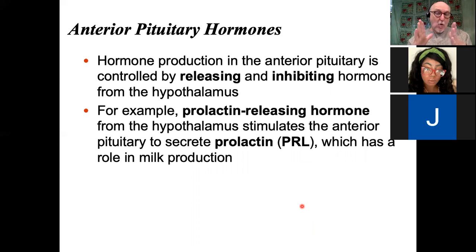So the hypothalamus is exerting positive and negative control. And the hypothalamus watches the systems really closely and manages them by hitting the accelerator, releasing hormones, or hitting the brake, inhibiting hormones. So we're going to see several of these systems, but just as a typical one, in response to other hormonal changes in the body, the hypothalamus can release something like a prolactin releasing hormone.